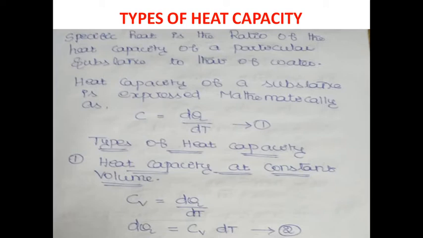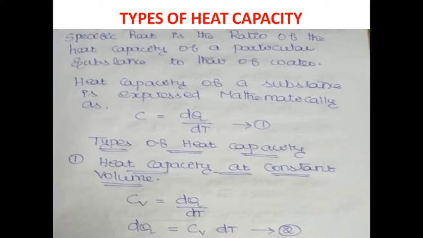This is equation number 1. Heat capacity is classified into two types. One is heat capacity at constant volume, and another is heat capacity at constant pressure. One by one we will discuss.